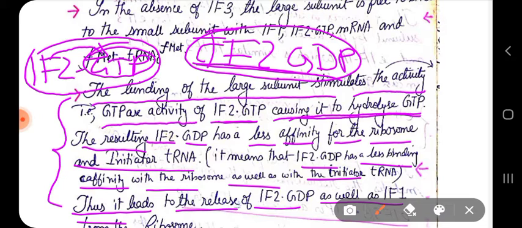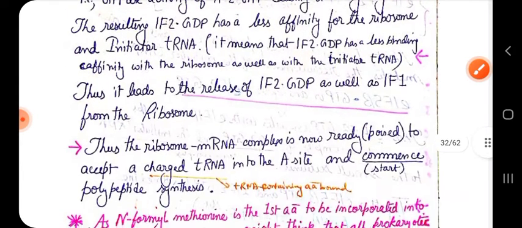Simply put, IF2 can only attach strongly to the ribosome with IF1 when it is bound with GTP. But as IF2 has hydrolyzed the GTP due to the binding of the large ribosomal subunit, IF2 can no longer attach to the ribosome with IF1, so it gets released from the initiation complex.